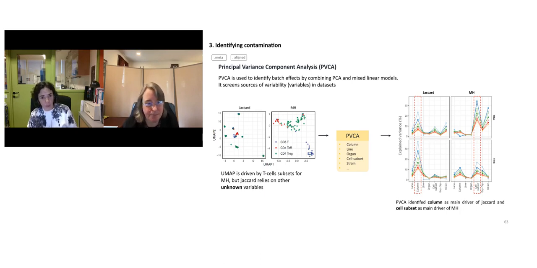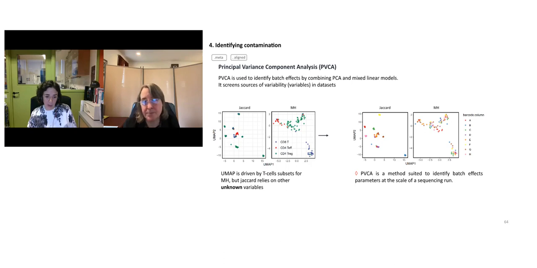While when you look at the Morisita-Horn, which in that case also takes into account the level of expression of each individual clonotype, you can see that the cell subset is the one explaining it. So Morisita-Horn is apparently not affected by the position in the column, but the overall composition of your repertoire is. And that can be, of course, one of the usual suspects for index hopping when you find this kind of result.